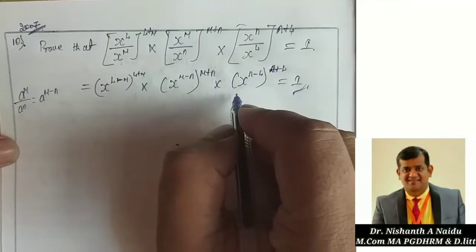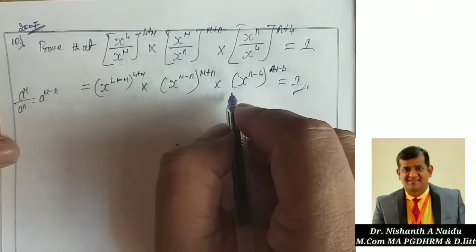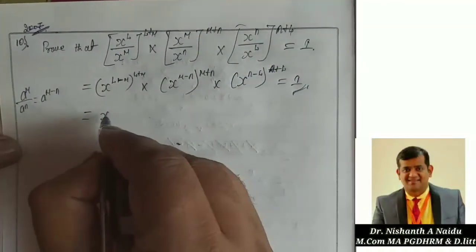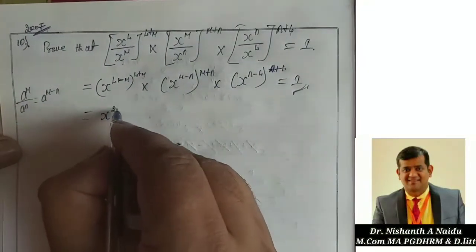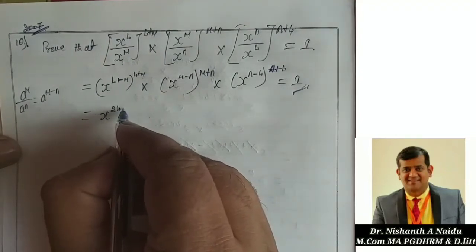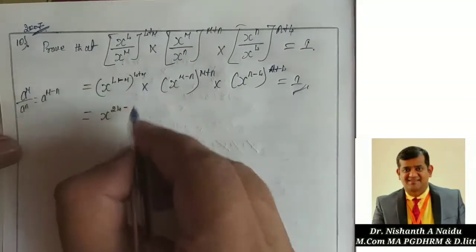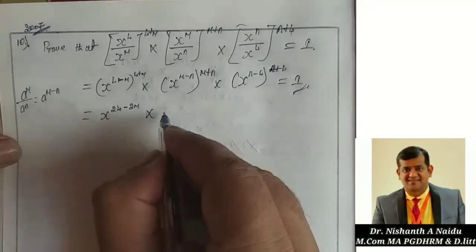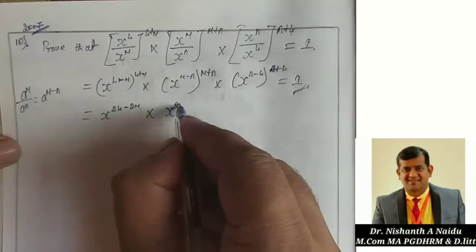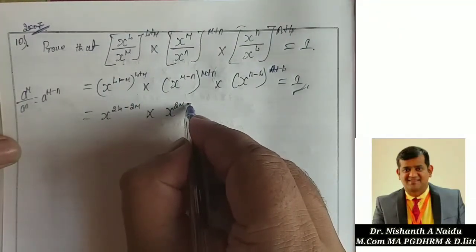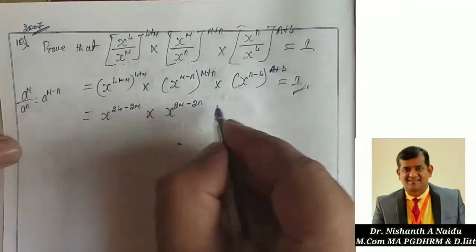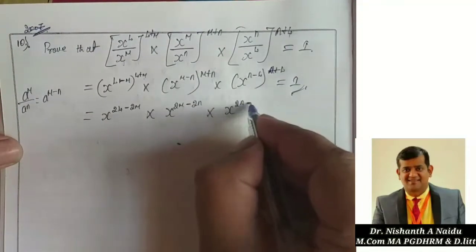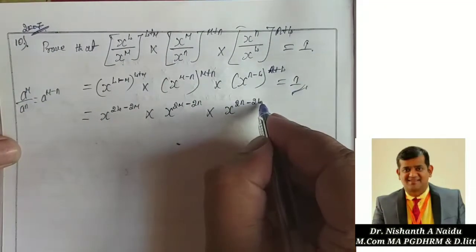Now multiplication we have to do. So that becomes x to the power l into l, 2l, minus m into m, 2m, into x to the power m into m, 2m, minus n into n, 2n, into x to the power n into n, 2n, minus l into l, 2l.